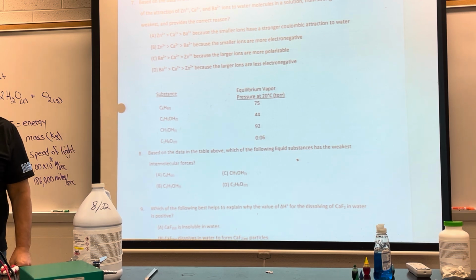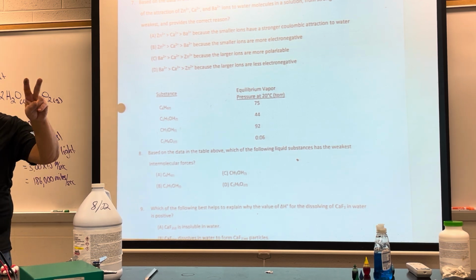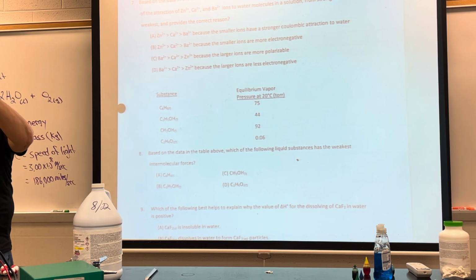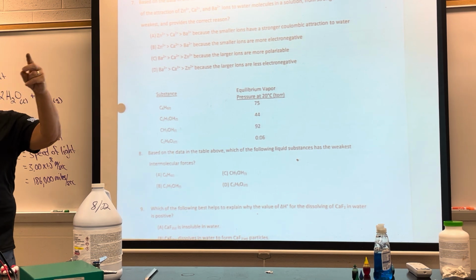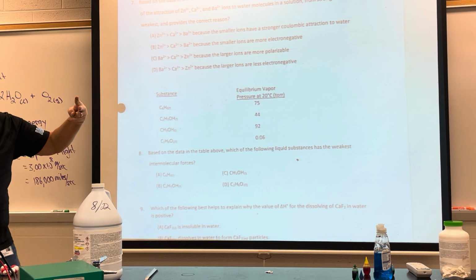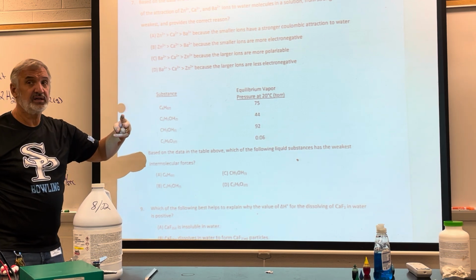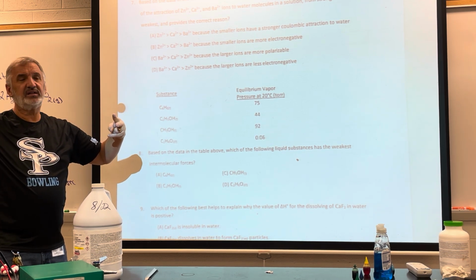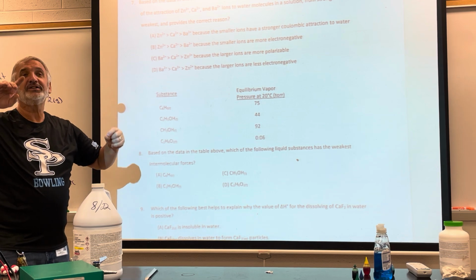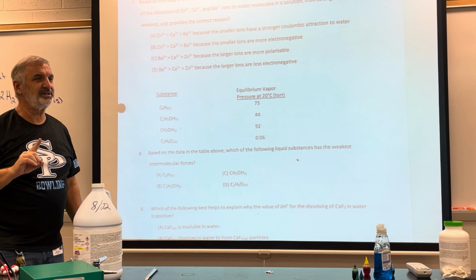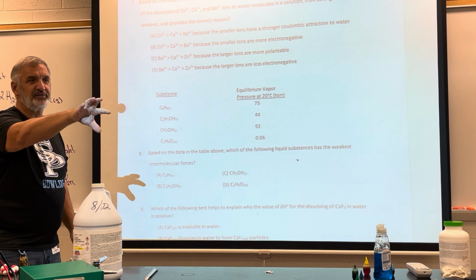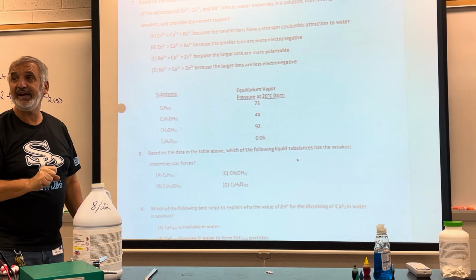Coulombic attractions, okay, which is based upon what two things? The charge and its distance, and we measure the distance with ionic radius. I finally heard somebody say it. Ionic radius.